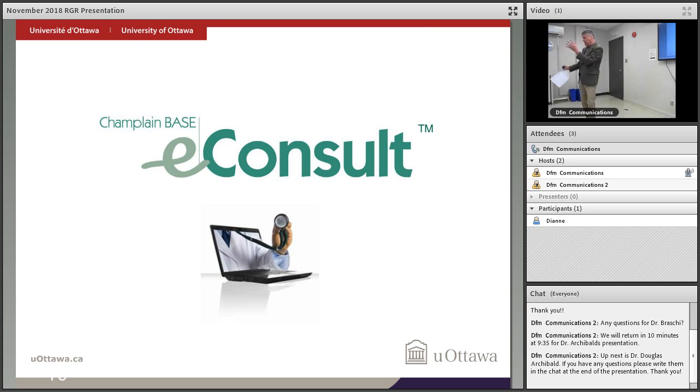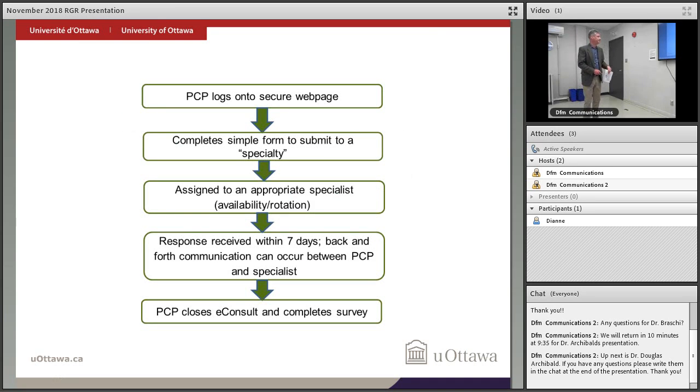Sometimes there's an exchange between the two providers, sometimes not. The provider can also upload an attachment. It could be a lab report, it could be a photo, if it's a dermatology question, to aid the specialist in making a response. So that process happens, and within 7 days, often much less, the specialist gets a response.